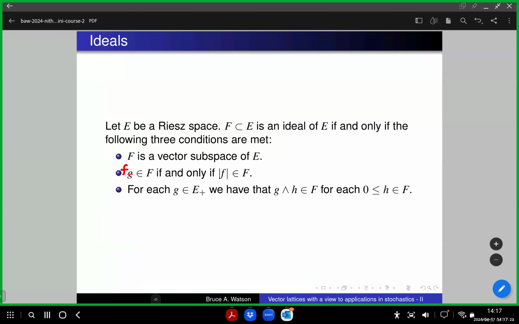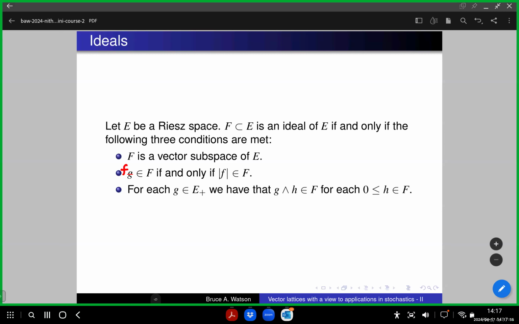Okay, there's another way of characterizing an ideal of a Riesz space, which is in various circumstances easier to work with. If we start off with a Riesz space E, and we take a subset F of it, it is an ideal if and only if the following three conditions are met.